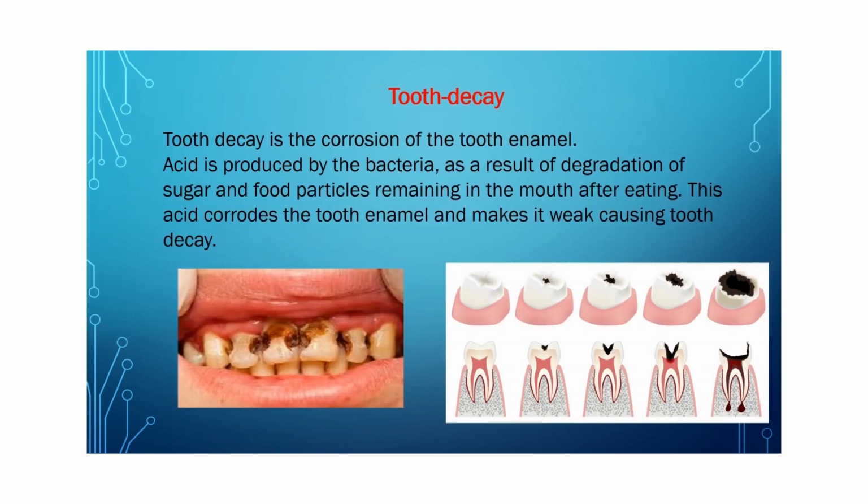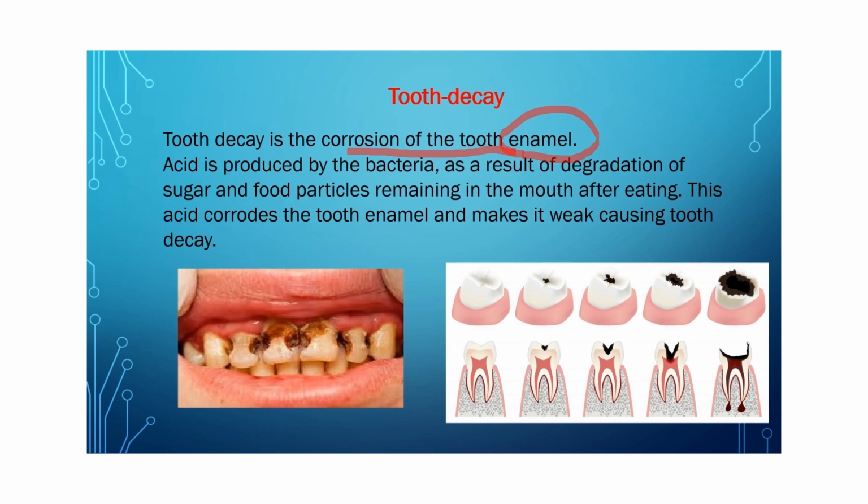Children are often warned by their parents not to eat too much chocolate or too many sweets, otherwise your tooth will decay. So let's discuss what exactly is tooth decay and why this happens. Tooth decay is basically corrosion of tooth enamel. Enamel is the hard outer layer of your teeth, right?